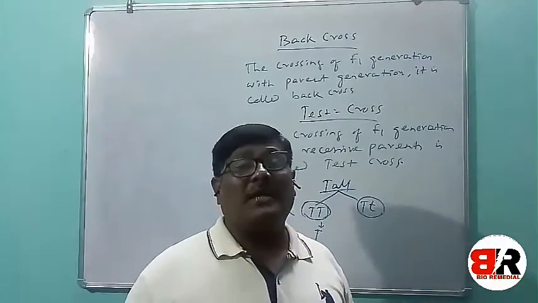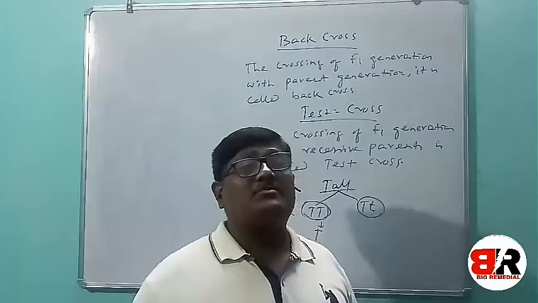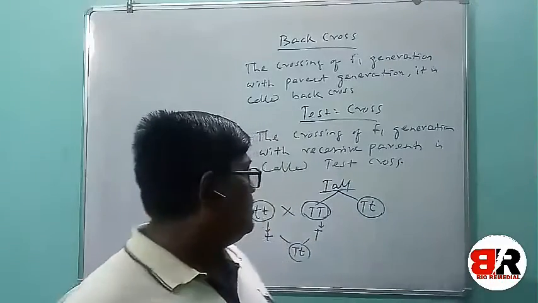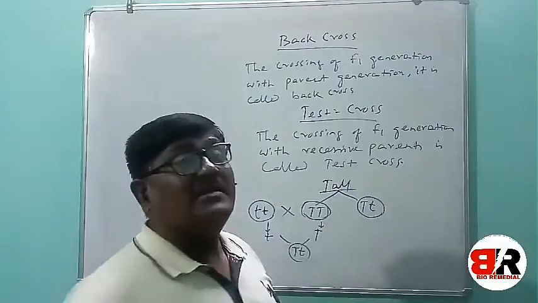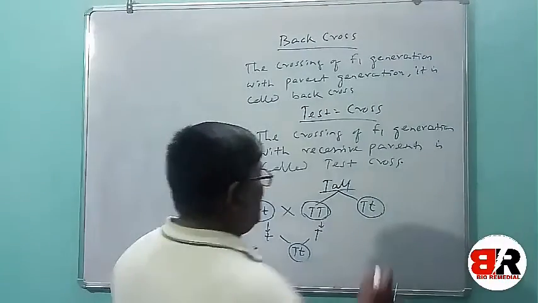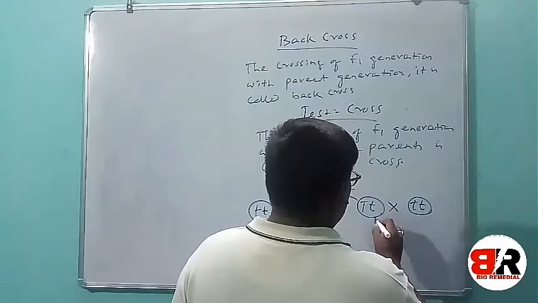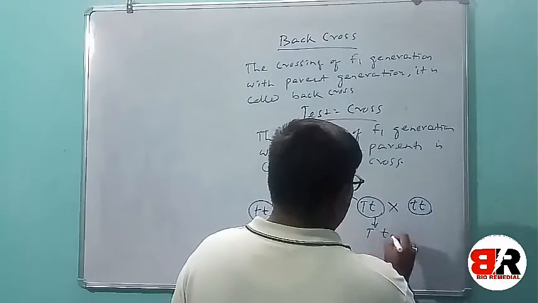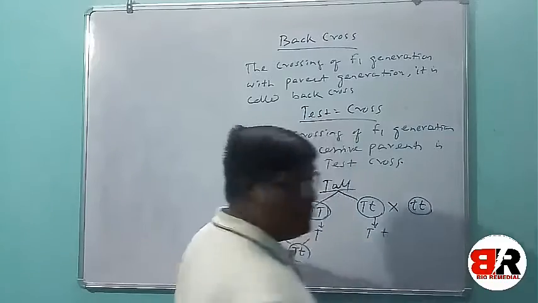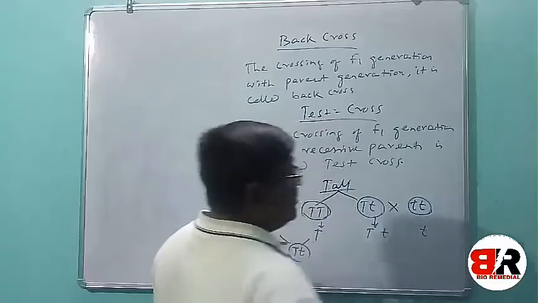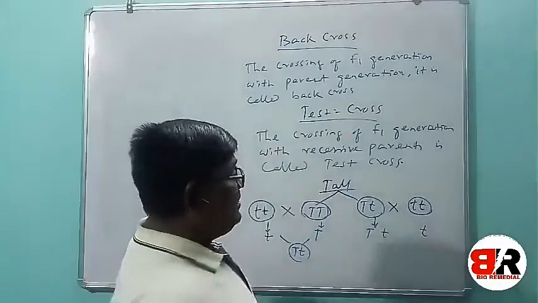If all plants are tall, then definitely the given plant is in homozygous condition. If the given plant is in heterozygous condition and we cross it with the recessive parent, there will be two types of gametes formed by the heterozygous plant and one type of gamete produced by the recessive parent.